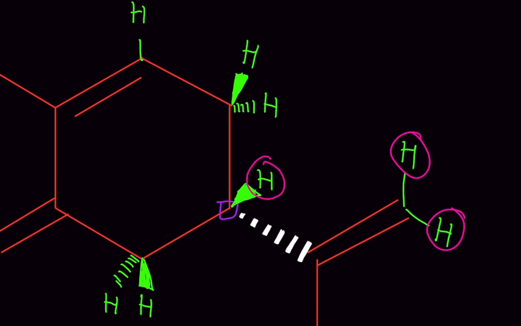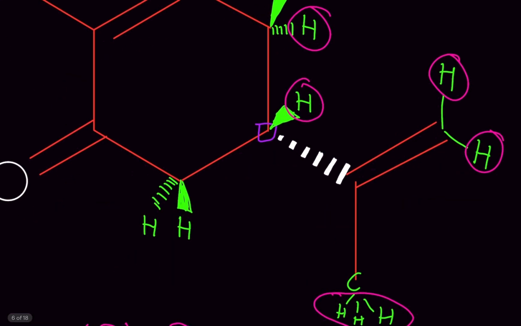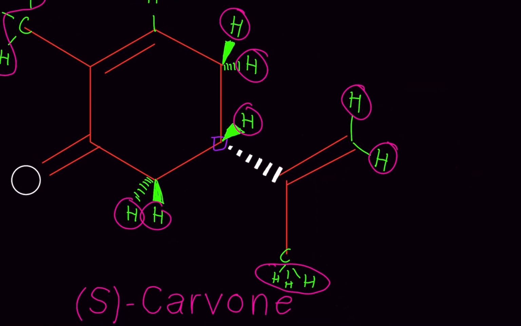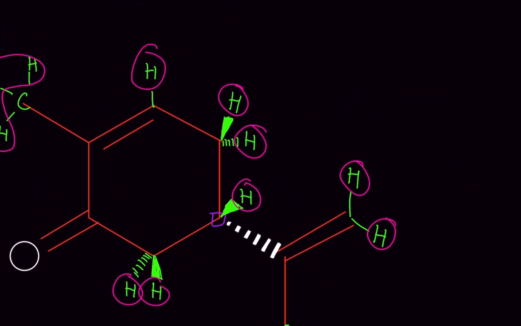Now, these hydrogens here, part of this carbon right here and this carbon right here, okay? Since it's adjacent to a chiral carbon, right? This is the chiral carbon right here. It's neighboring it. Since this carbon neighbors a chiral carbon, all the hydrogens attached to that adjacent carbon are going to be individual signals. They will not be the same. Okay? That's the trick. And then this one's going to be alone because there's no one else to match it up.